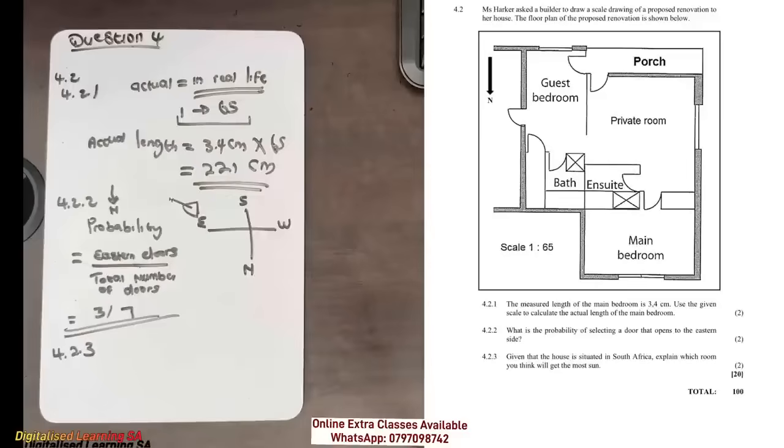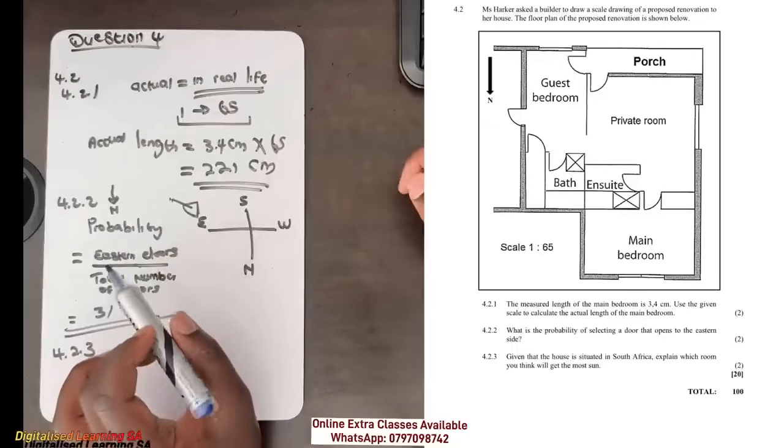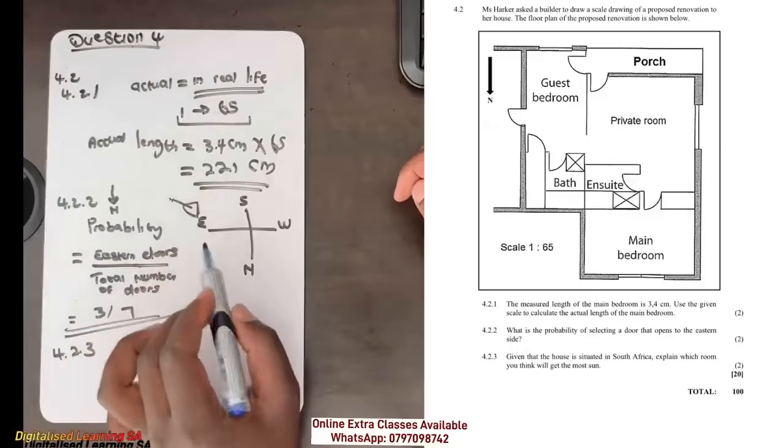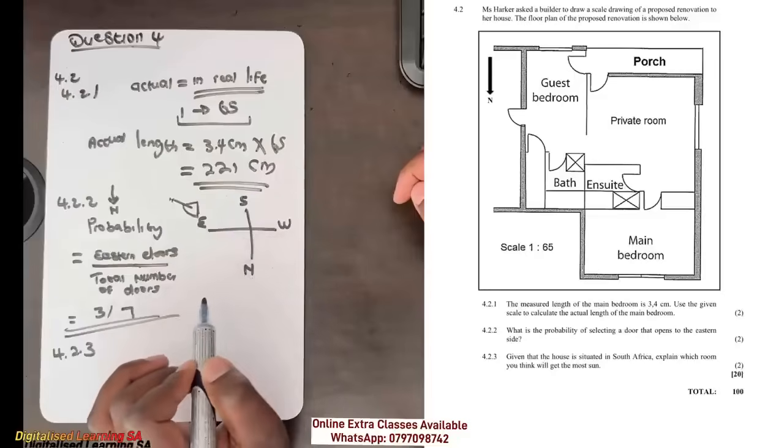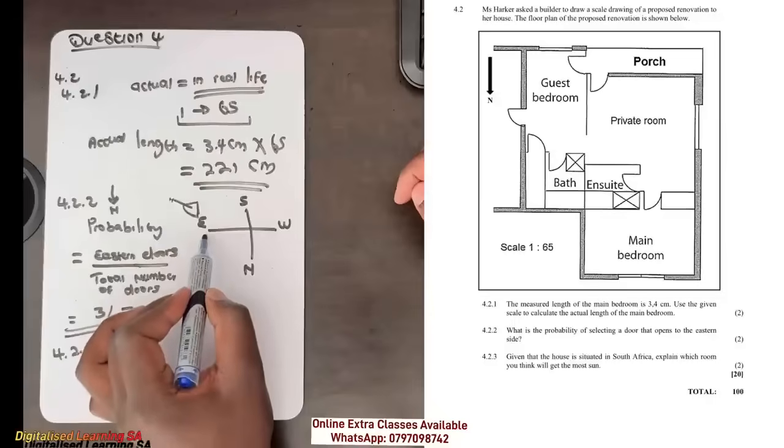Now let's move to the next question, which is question 4.2.3. Question 4.2.3 says that given that the house is situated in South Africa, explain which room will get most of the sun. We know that in the southern hemisphere, the sun moves from east to west, and it moves through the northern direction.